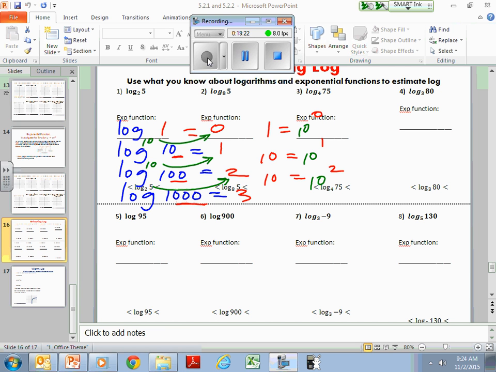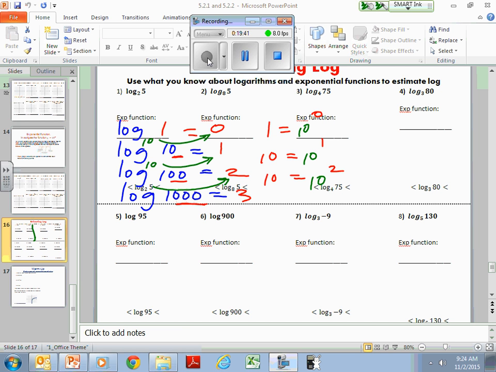That's what logs are all about. What is the power I need if I raise whatever the base is? In this case, the base is 10. All right, you're going to need these numbers. So how's that going to help me down here on these problems? The rule is simply this.